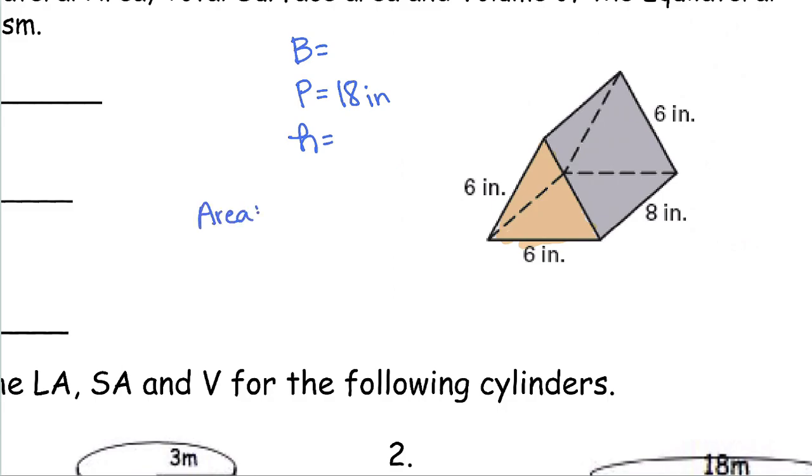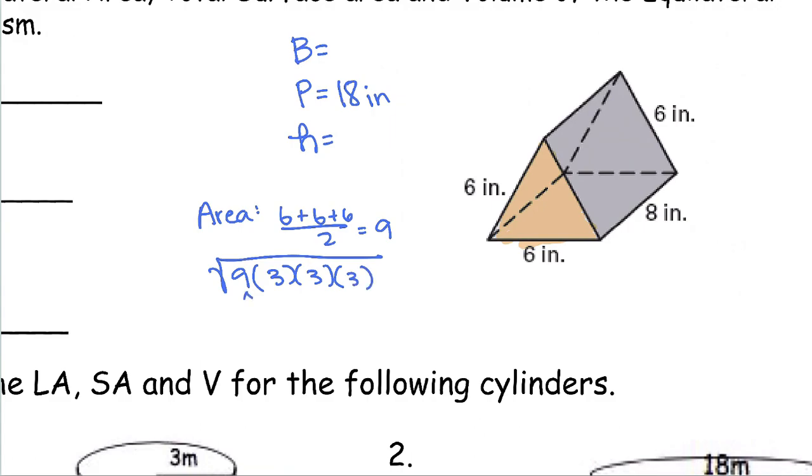And for the area of that 6 by 6 by 6, remember that you can use Heron's. So we can do 6 plus 6 plus 6 over 2, which gives me 9. And then we'll do the square root of 9, and then 9 minus 6, 9 minus 6, 9 minus 6, so 3, 3, and 3.